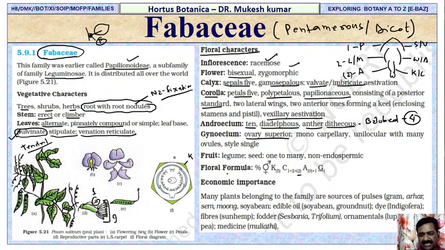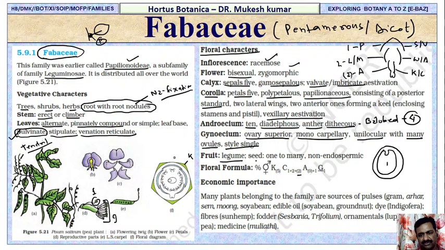Gynoecium: superior gynoecium will be there, monocarpellary. You all know this is a single chamber, and we are showing the ovules at the margin. So one locule, monocarpellary, unilocular, and one or many ovules. Style will be single because it's monocarpellary.